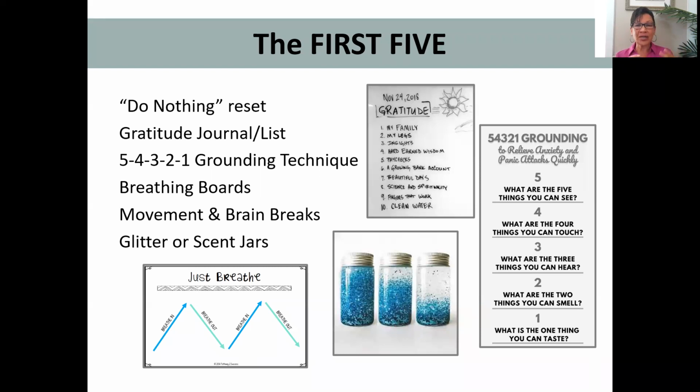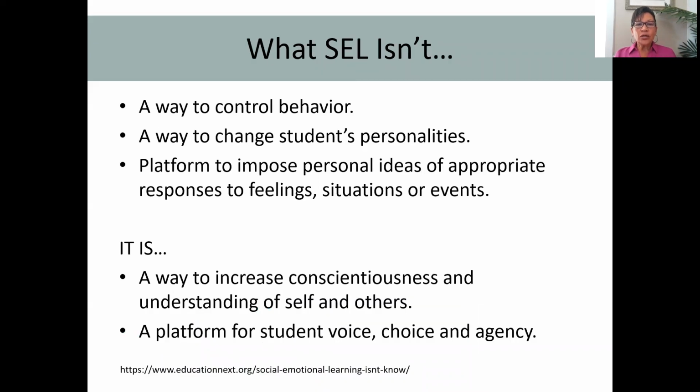And then if a student needs to relax, then you have put in essential oils that are relaxing and calming, like lavender, and maybe they can pull that. Or if they need to be rejuvenated, you have other scent jars that have citrus scents that help to energize them. So these are some ideas that you can use in your classroom and that you can teach your students to further these ideas of social emotional learning.